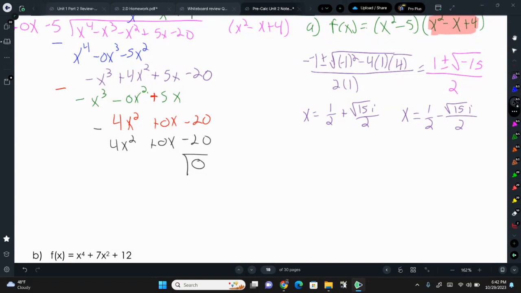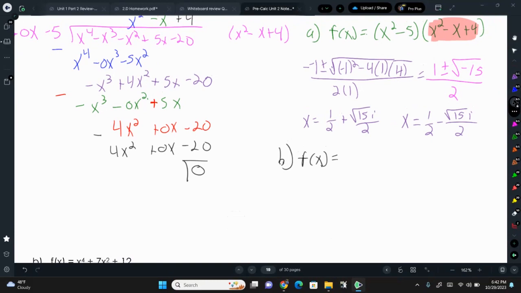So that means part B would be f of x equals the x squared minus 5 from part A, which can be factored into x minus the square root of 5 times x plus the square root of 5.